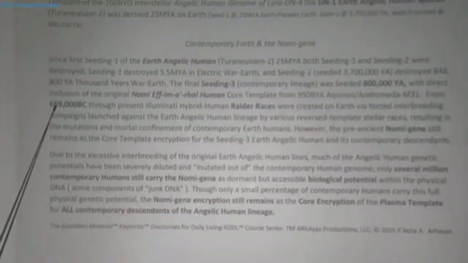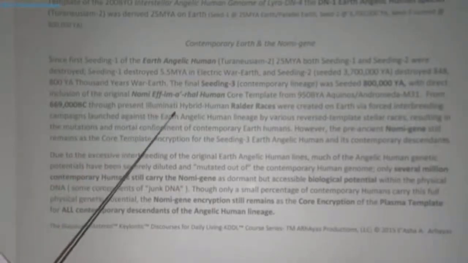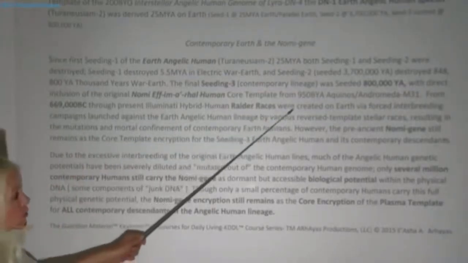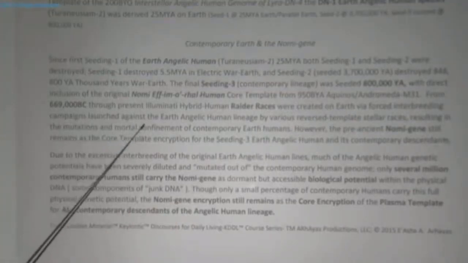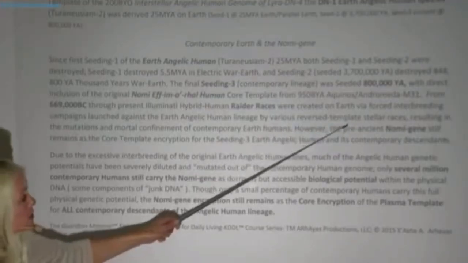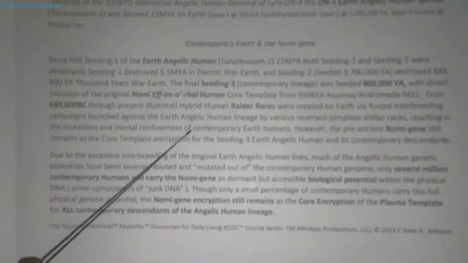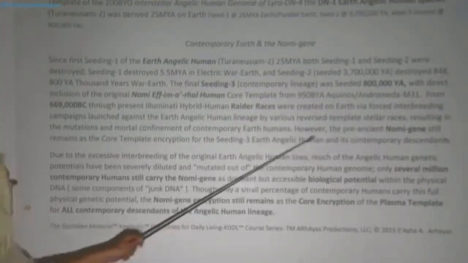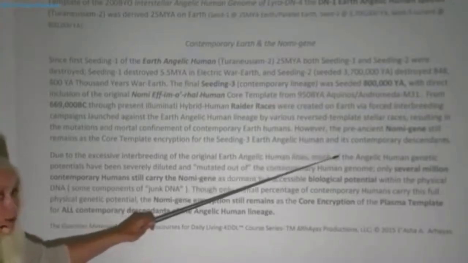From 669,000 BC through the present, Illuminati hybrid human raider races were created on Earth via forced interbreeding campaigns launched against the Earth angelic human lineage by various reverse template stellar races, resulting in the mutations and mortal confinement of contemporary Earth humans. However, the pre-ancient NOMI gene still remains as the core template encryption for the seeding 3 Earth angelic human and its contemporary descendants.